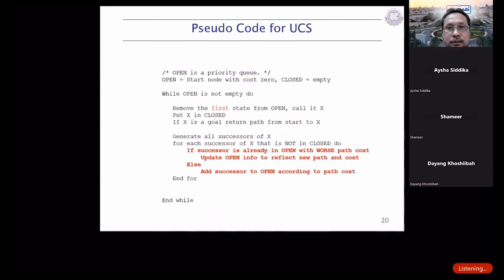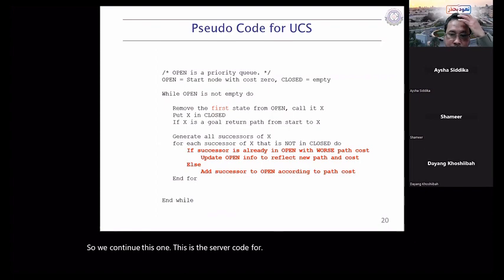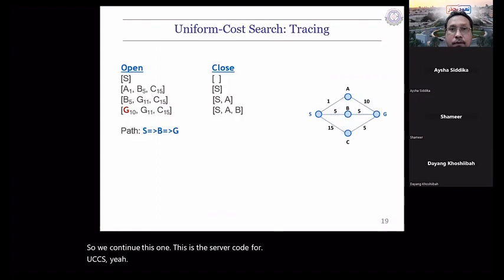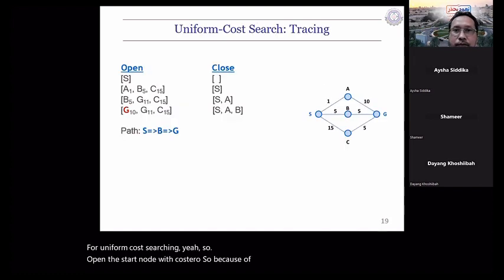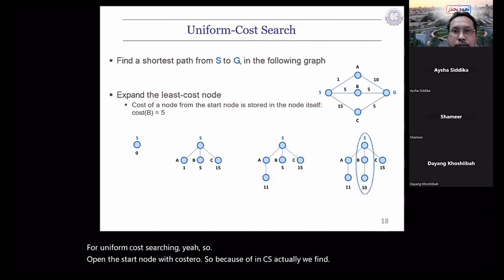This is the pseudocode for UCS, uniform cost search. So open the start node with the cost 0. Because in UCS actually we find the least cost node.